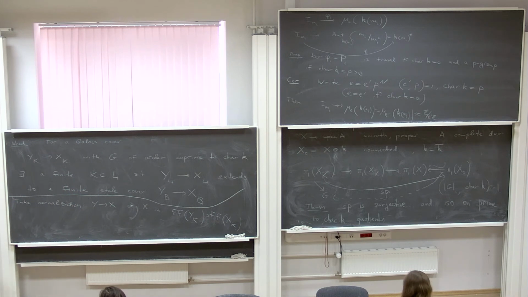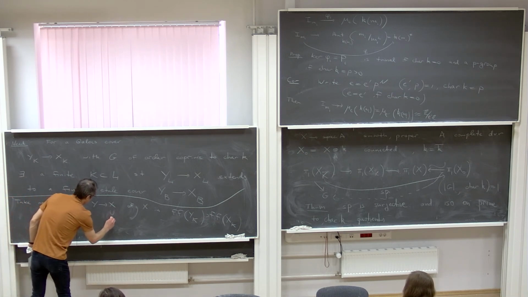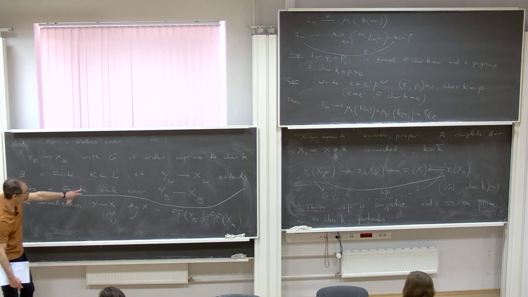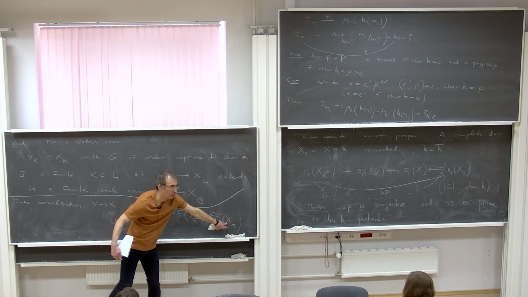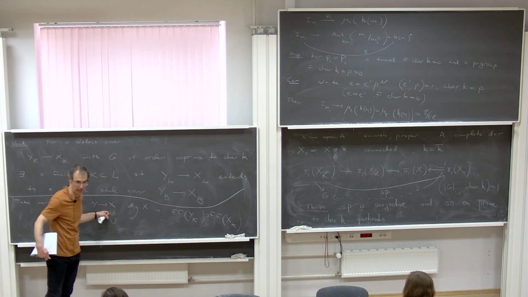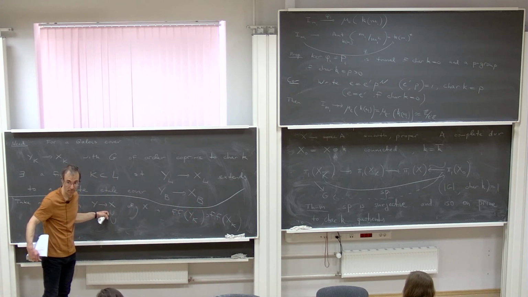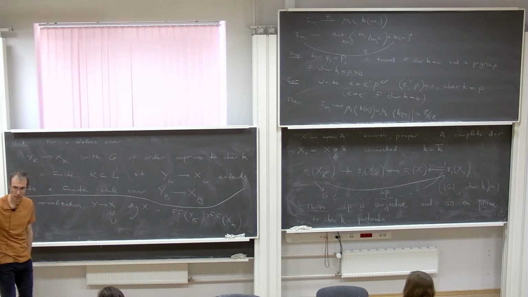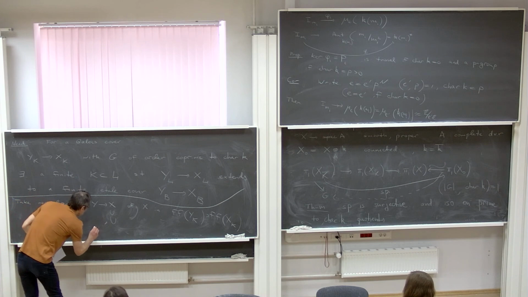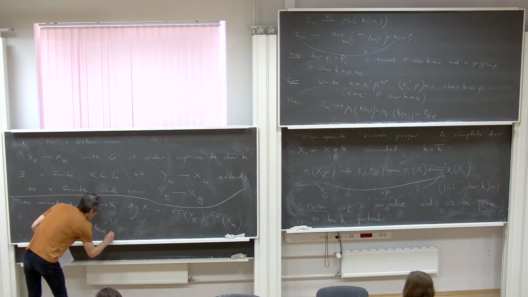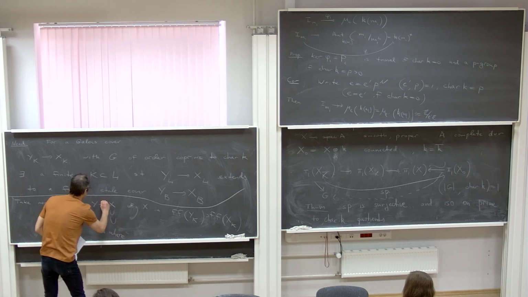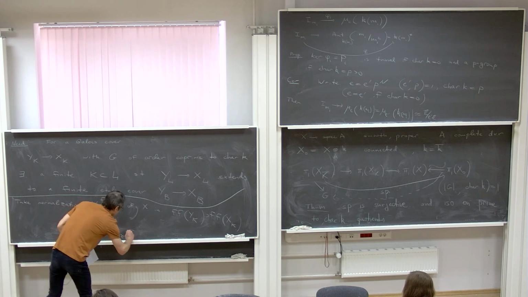So if not, there is some open subset, for example, U in X, over which this map is étale. And we can take the largest open subset with this property. So this is the locus where this normalization F is étale.